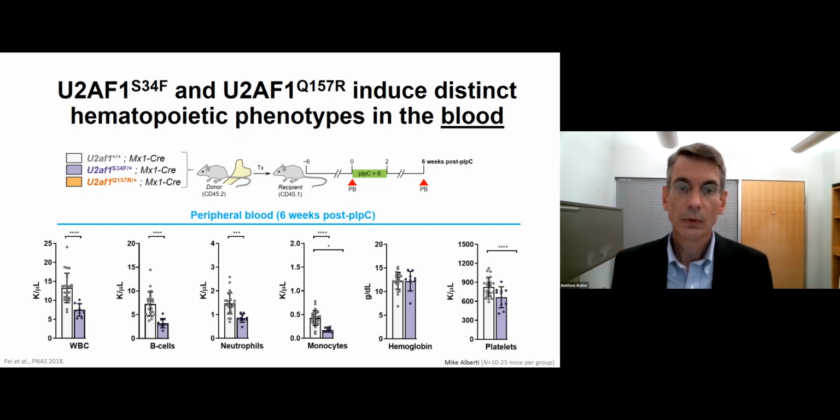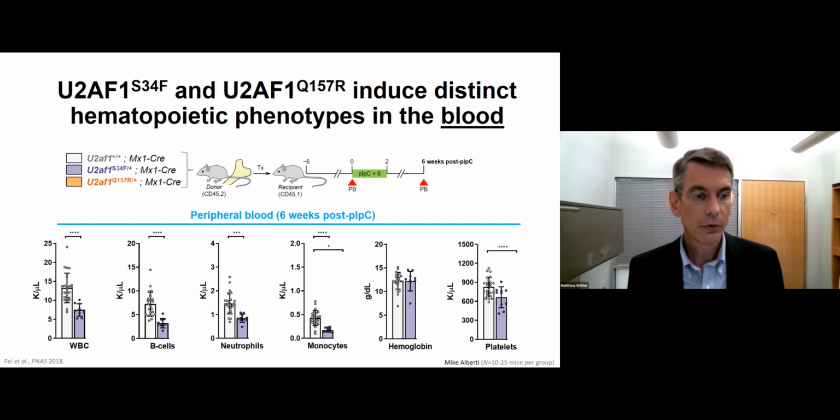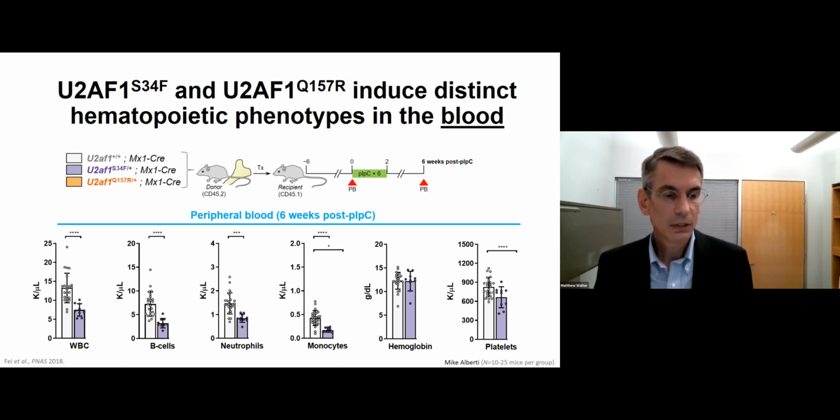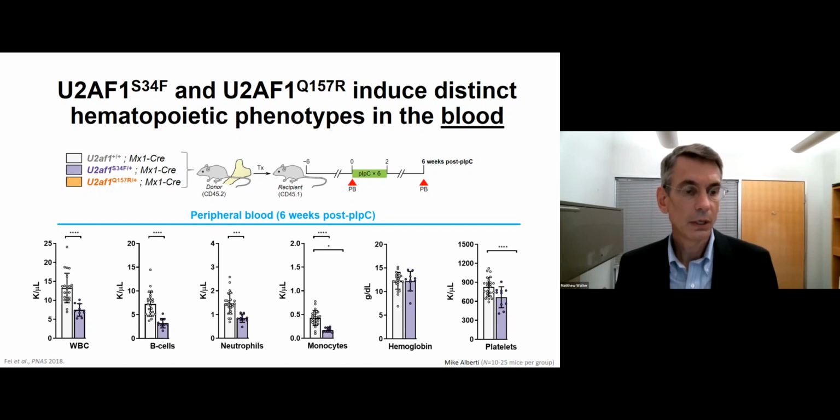We transplanted these donor bone marrow cells into lethally irradiated congenic recipients, and then after stable engraftment, activated the mutation with pIpC and monitored blood and marrow cellularity and distribution of counts. And what you can see in the peripheral blood is the expected phenotype that Dennis had previously reported, with a reduction in cellularity in the peripheral blood in the S34F mutant mice.